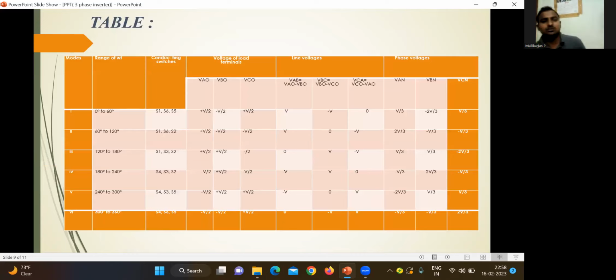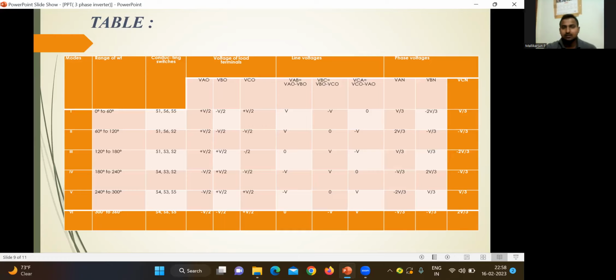Next, coming to the fourth mode, from 180 degrees to 240 degrees. Here there are three thyristors only: S3, S4 and S2. S4 is the negative group thyristor, S3 is the positive group, and S2 is also negative.